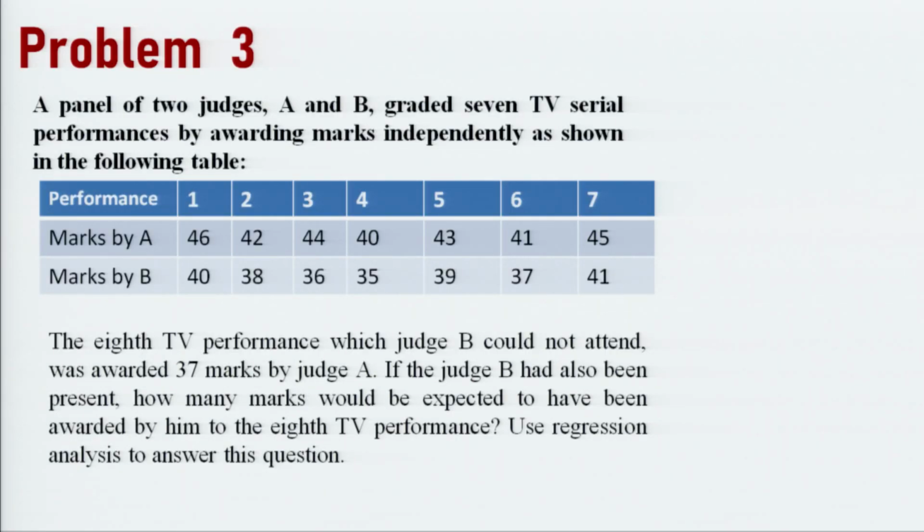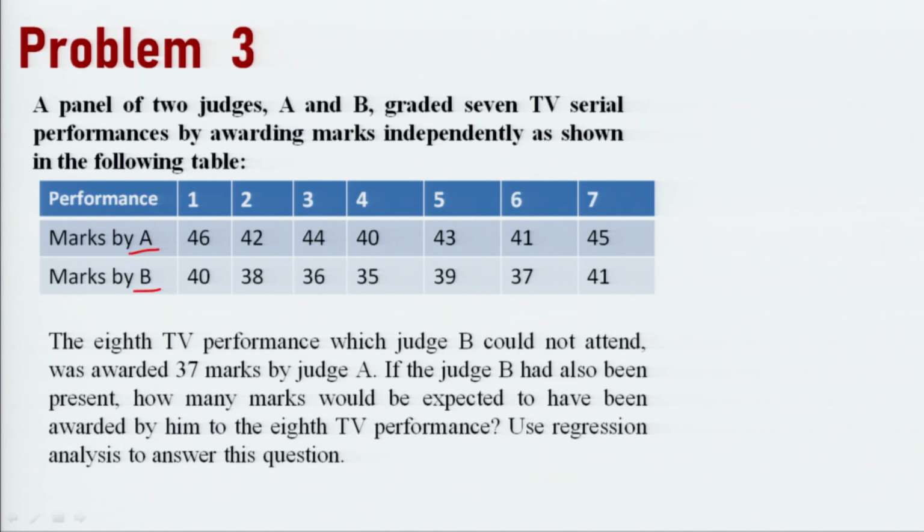Okay. And we have the third problem. This is an application of regression analysis. Here a panel of two judges A and B rated 7 TV serial performances by awarding marks independently, as shown in the following data table, with marks by A and marks by B. What is the problem here?